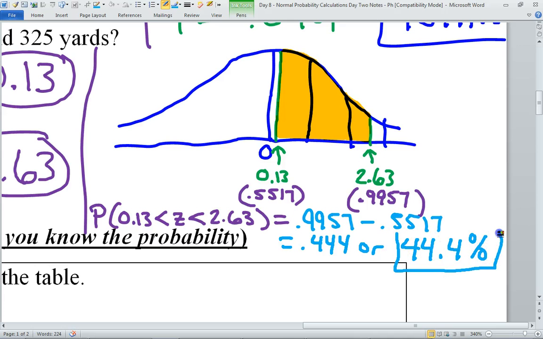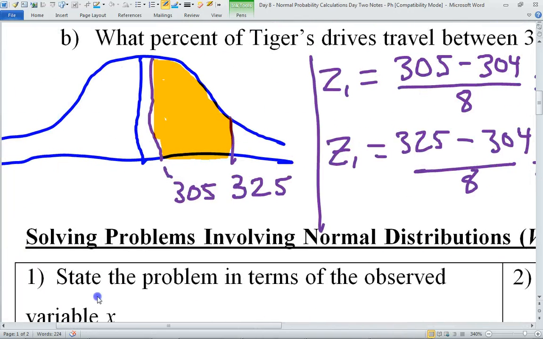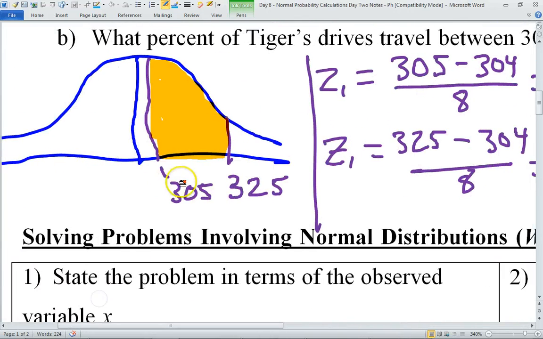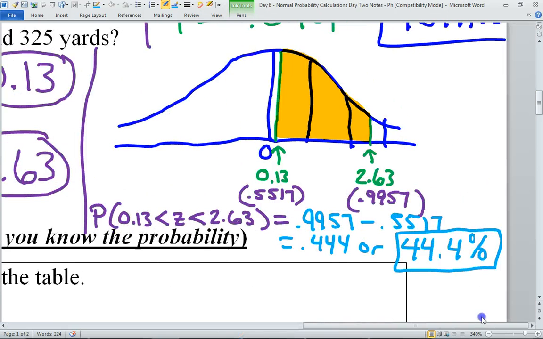That is the answer, okay? That's the percentage of his drives that are between these numbers. That's the percentage of drives that are between 305 yards and 325 yards. Okay, so somewhat less than half.